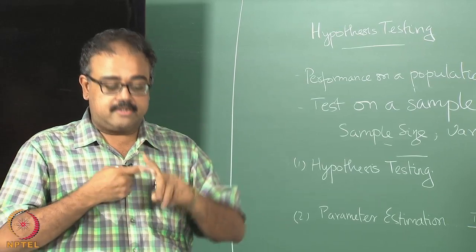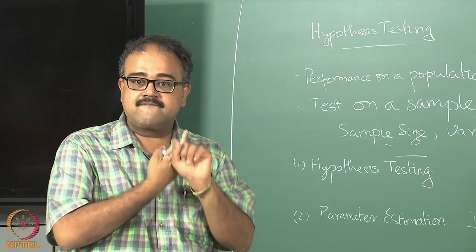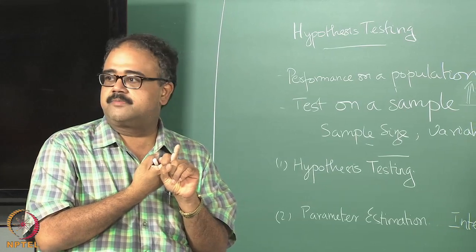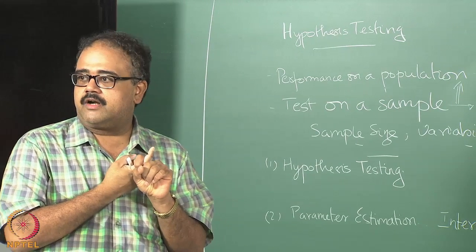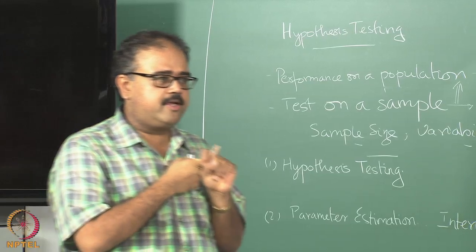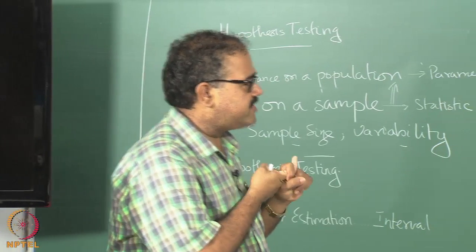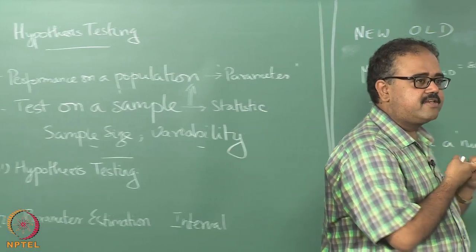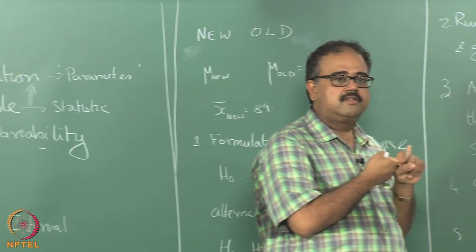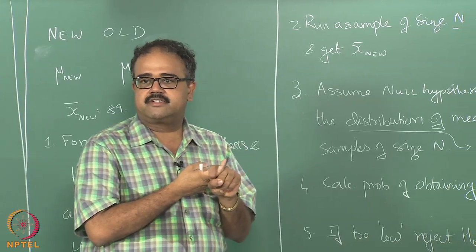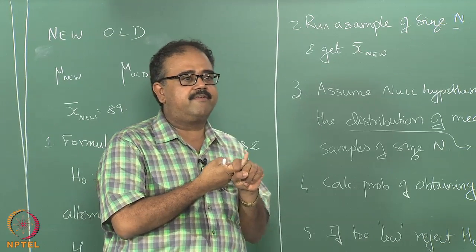The thing to note is that this does not depend on the underlying distribution. Regardless of what the population distribution is, the sampling distribution will be a Gaussian, the mean will be the same as the population mean, and the standard deviation will be sigma by root n, where sigma is the population standard deviation.